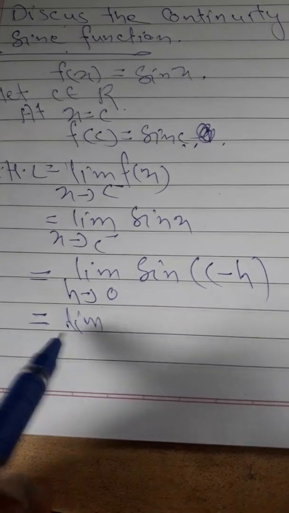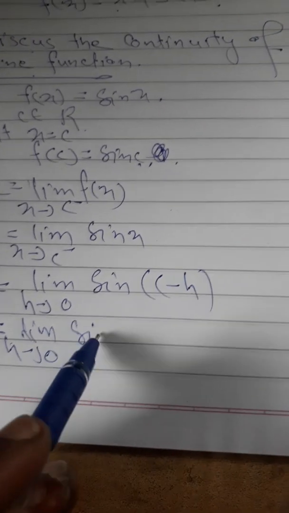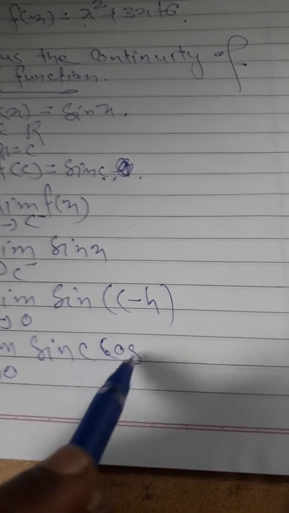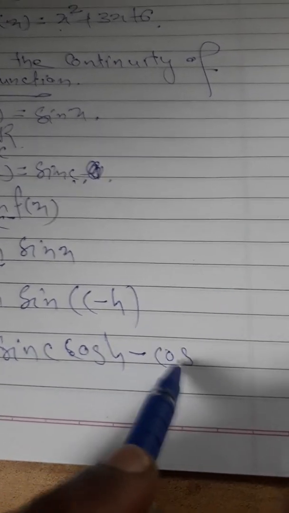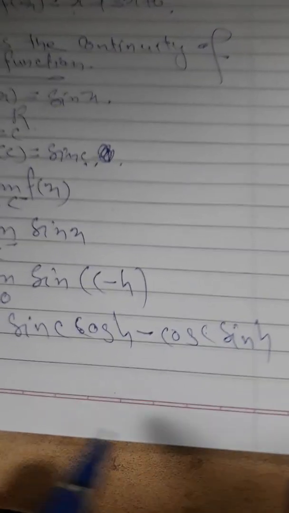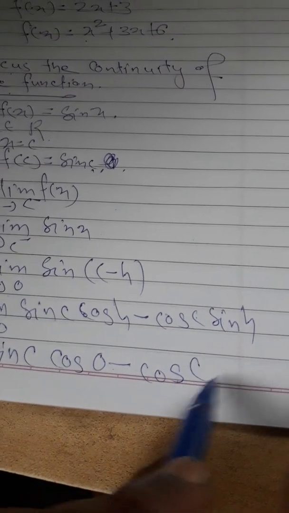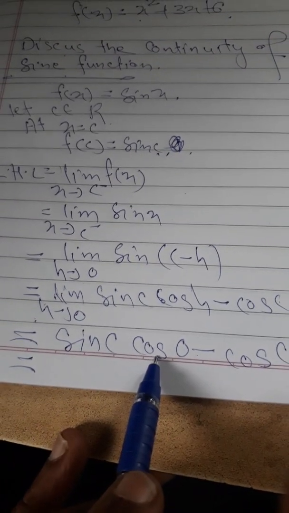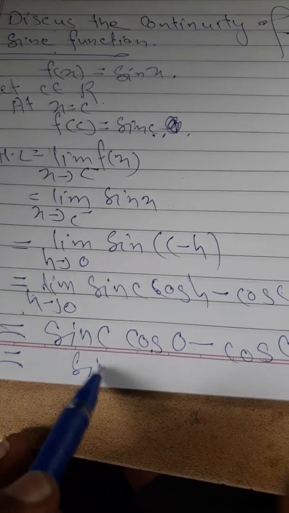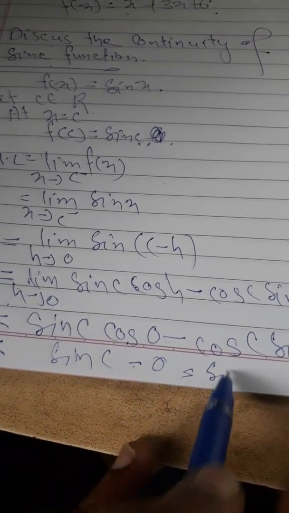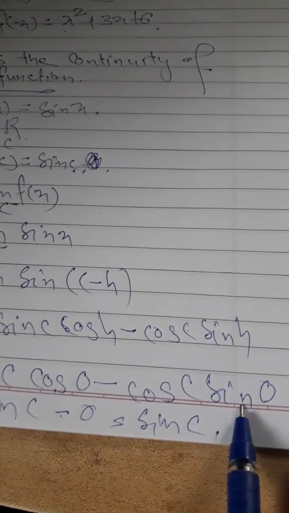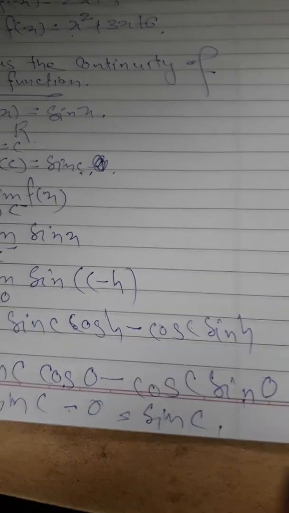So this is limit of h tending to 0 of sine a cos b minus cos a sine b, which equals sine c cos 0 minus cos c sine 0. Cos 0 value is 1, so it is sine c minus 0, which equals sine c, because the sine of 0 is 0.